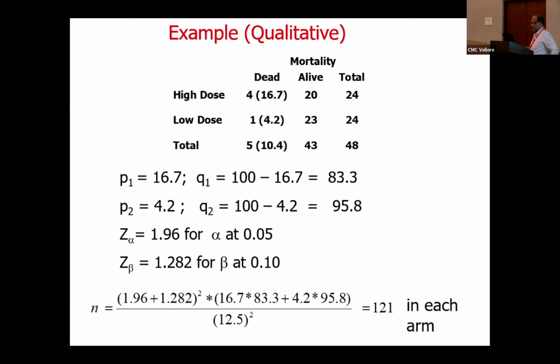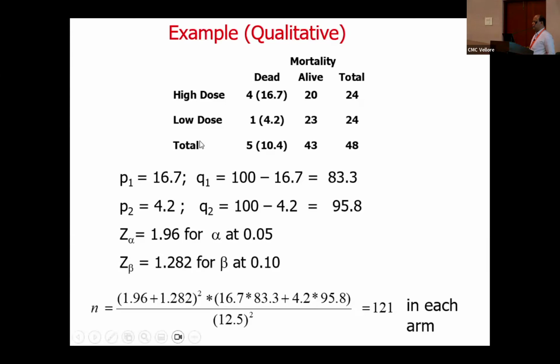This is a study which I spoke to you yesterday about, the pralidoxime study for organophosphorus poisoning. This was done by one of the PGs many years ago, maybe 30 years ago, for the medicine 2 department where Tambu belongs. This is the data. I am not going into the details of what the null hypothesis is, whether it is an equivalence study or non-inferiority.